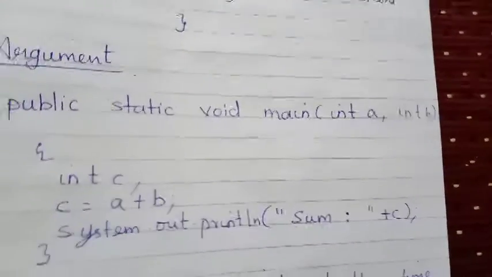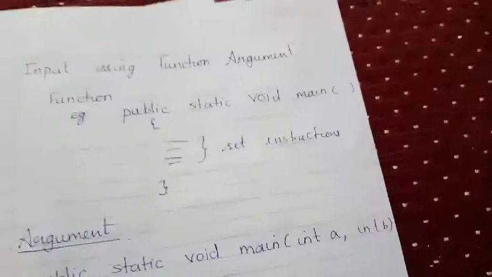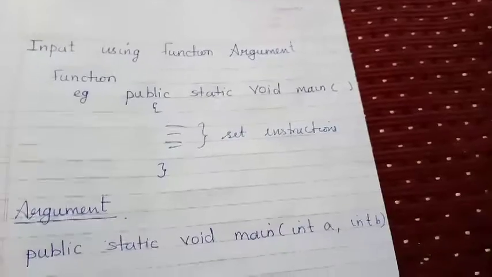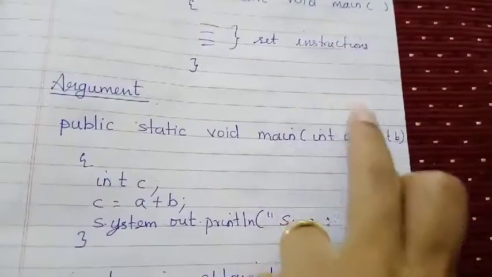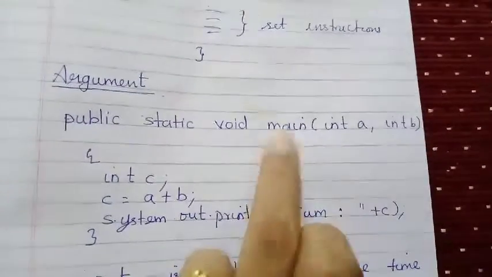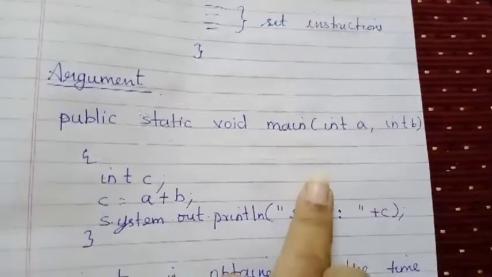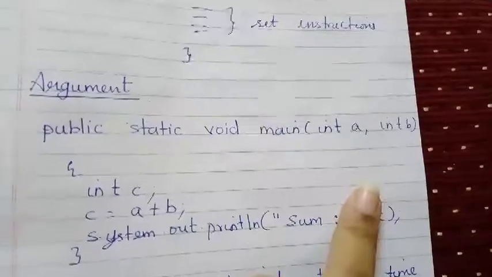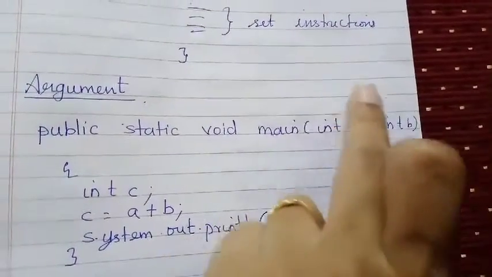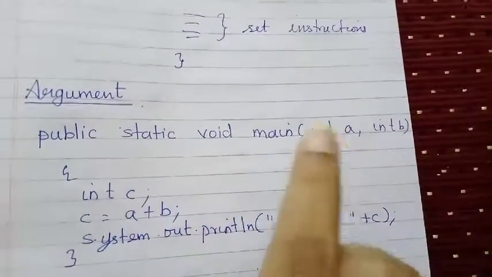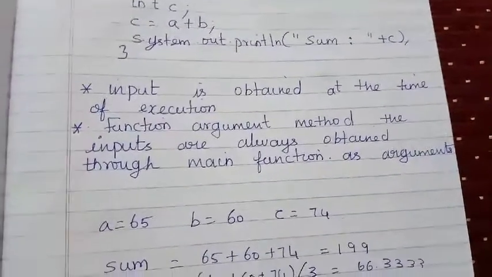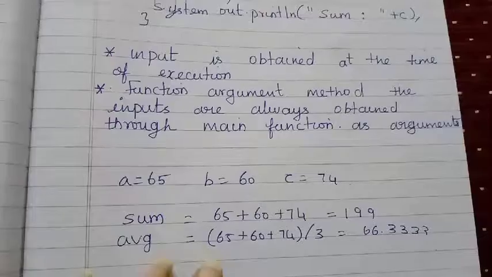But here, while getting the input from the user, these arguments should be passed in the main function only. You cannot pass them using other functions. That argument is different, but for getting the input from the user, you have to pass it only through the main function.